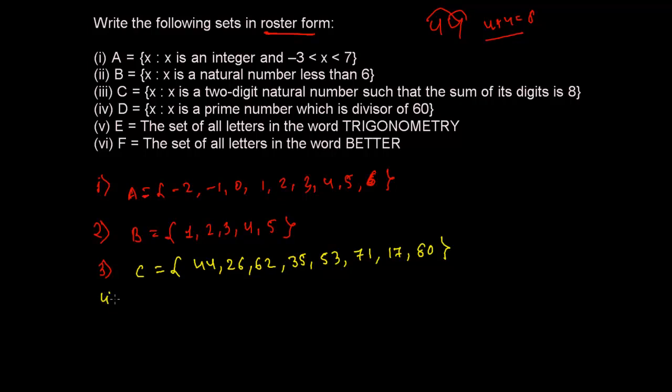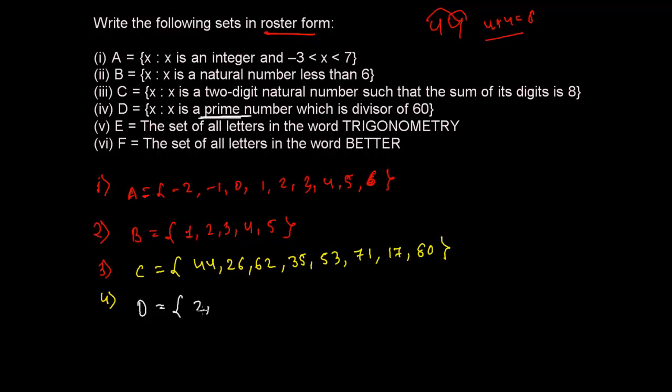So the fourth one, D: x is a prime number which is a divisor of 60. So all the prime numbers which can divide 60. D is such a set which includes not all the numbers which can divide 60, only the prime numbers. So 60 can be divided by 2. We're not going to include 1 because they are asking for prime numbers.